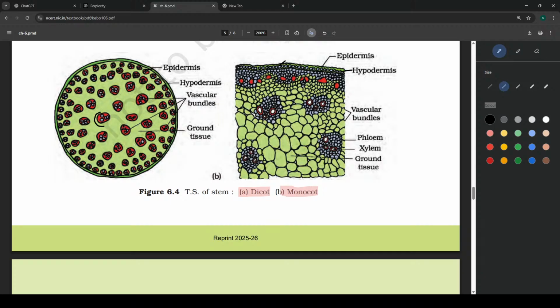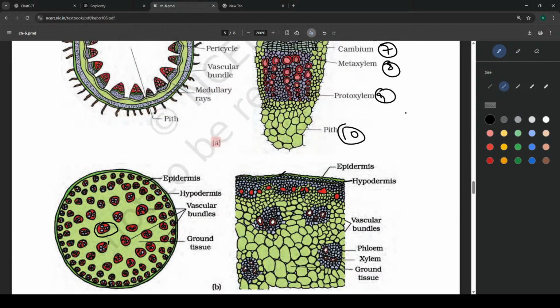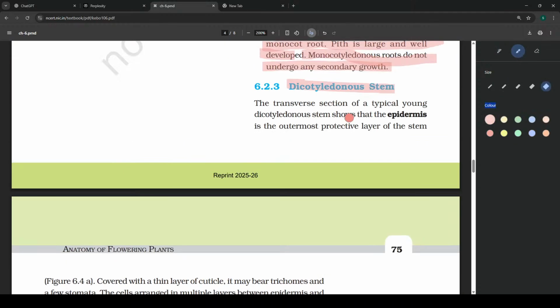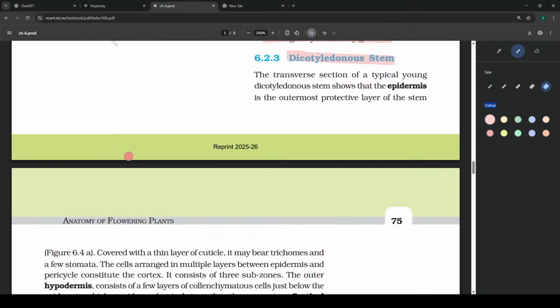These are the vascular bundles consisting of xylem and phloem, and everything else is ground tissue, this green color. Everything other than the red face-like structures is ground tissue; the face-like structures are vascular bundles. There are many vascular bundles in monocots. That's basically the diagram. Not very complex, it's similar to the roots, just a different arrangement.